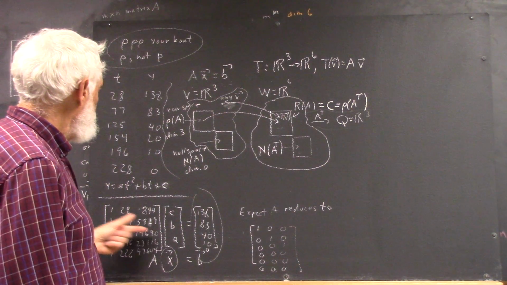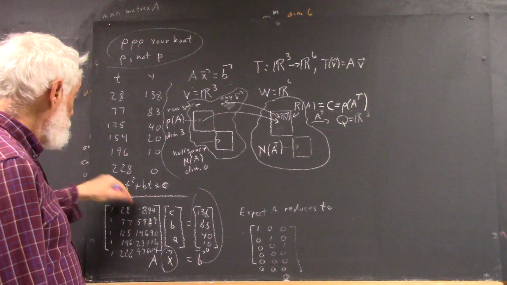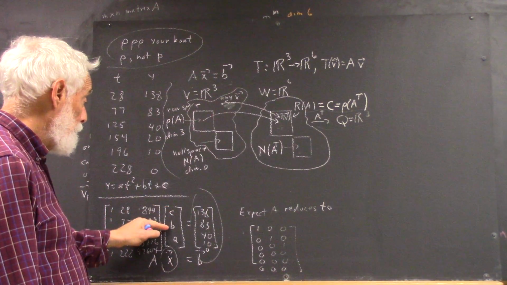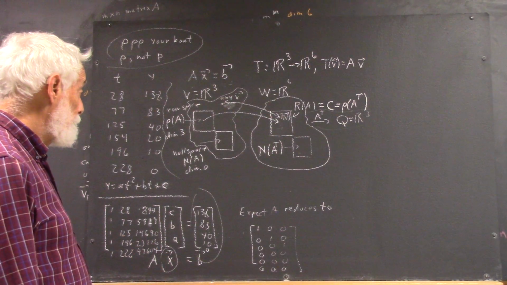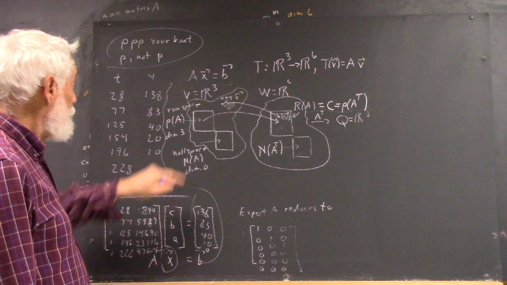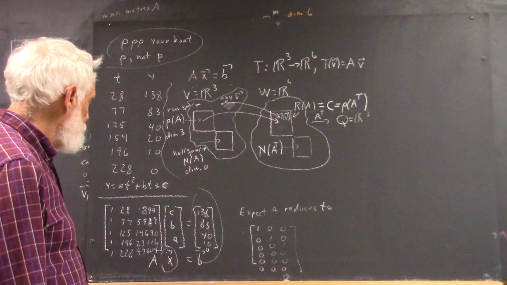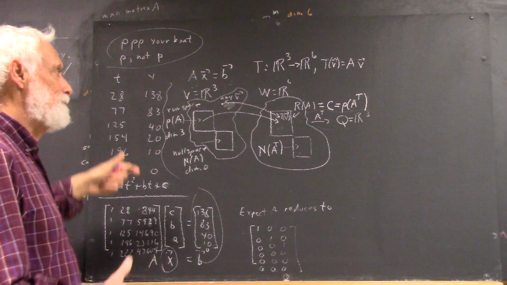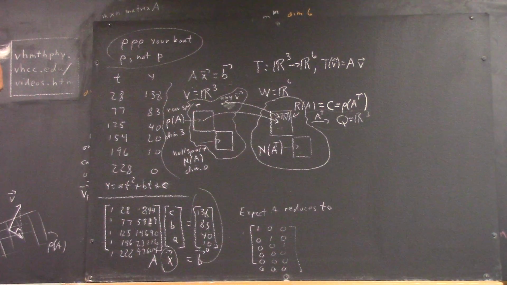Well, this matrix acts on vectors of length 3. That's because there are 3 columns. There are 3 numbers in each row to match up with the numbers in this column vector. So there have to be 3 numbers in the column vector. That means that X here has to be in R3. That's going to make the first space R3.